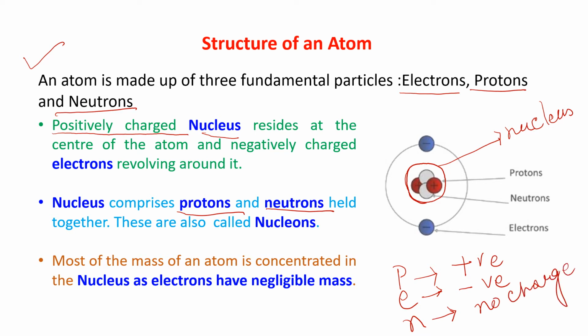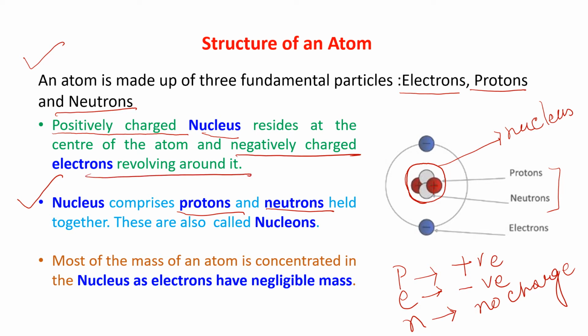So inside the nucleus, protons and neutrons are present. That means the positive charge, protons, and neutrons with no charge are present in the nucleus. So the nucleus comprises protons and neutrons. And the negatively charged electrons revolve around it.